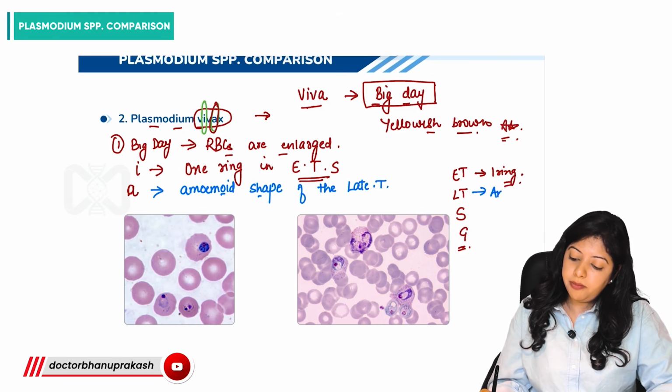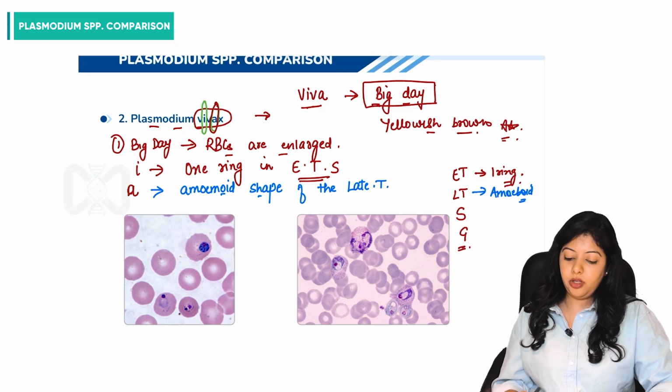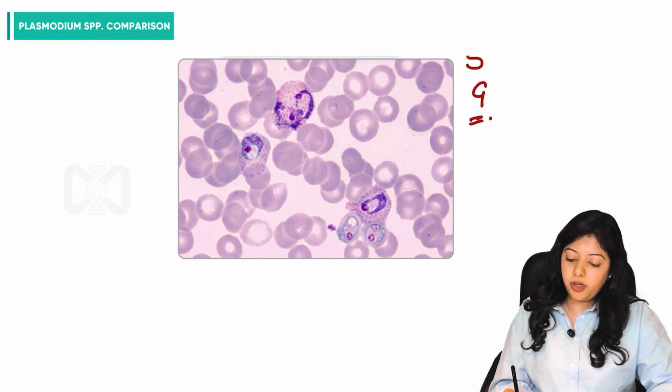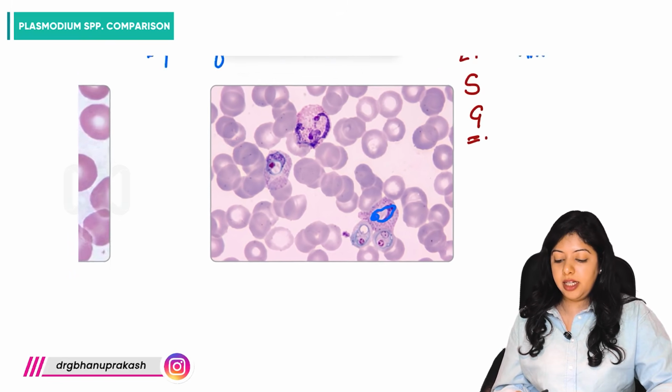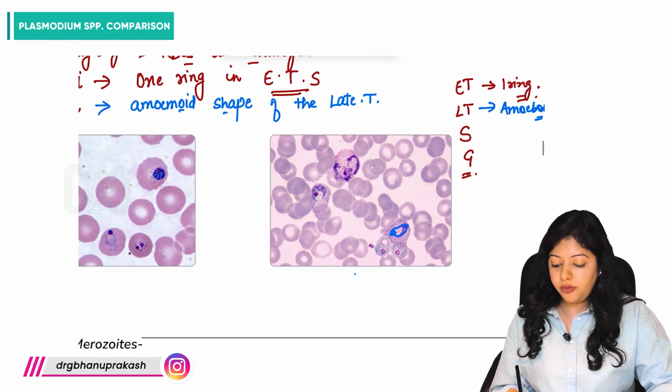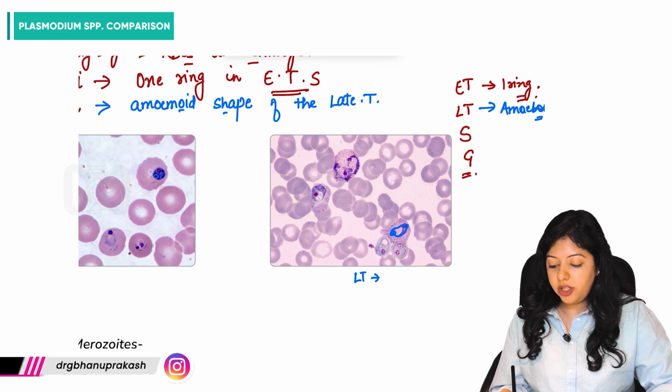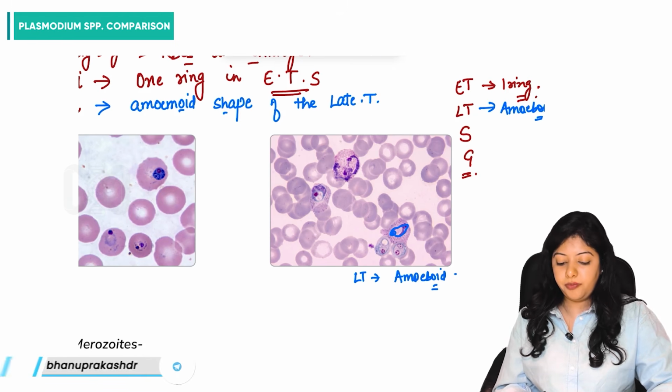Let us see this with the help of an image. So this is the amoeboid shape I am talking about, irregular shape or irregular ring of the trophozoite, right? So this is late trophozoite amoeboid shape, or irregular, we can consider it.